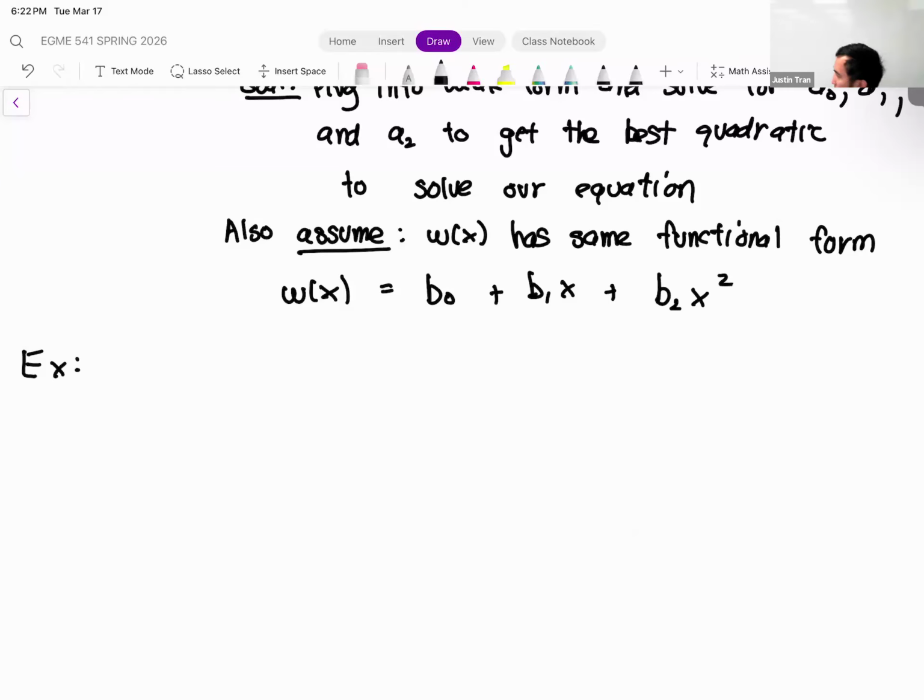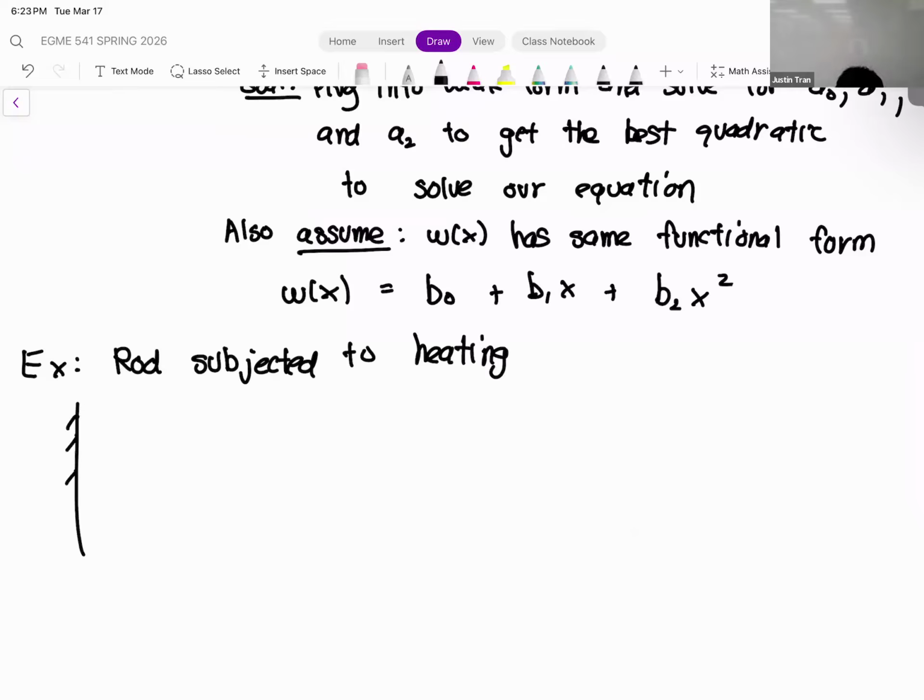So this is going to be an example from heat transfer. Let's say that we have a rod that's subjected to some kind of uniform heating. All right, so let's say that we have a rod that's attached to a wall.